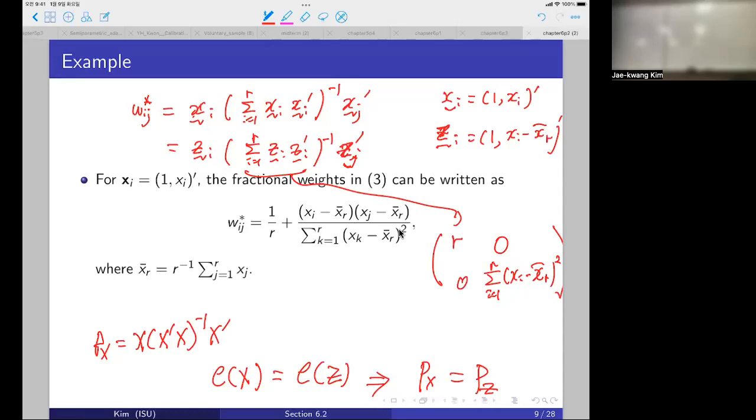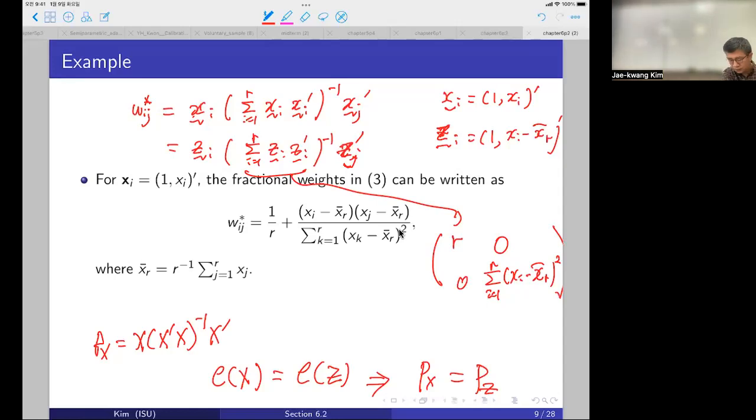And this one is mean adjusted. So that is kind of a typical trick that we use for this kind of algebra.